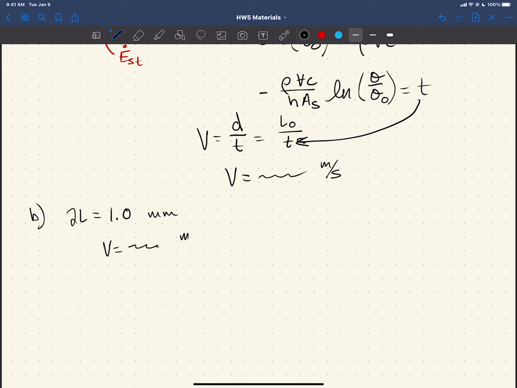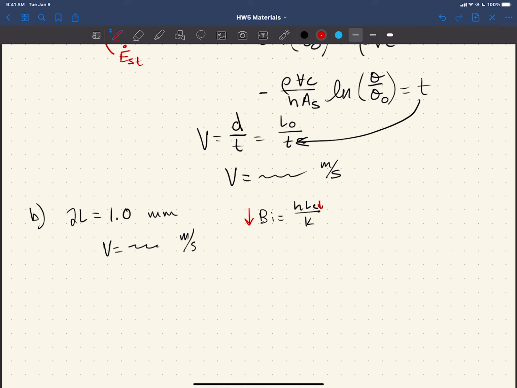But before you skip this step, you should probably calculate your Biot number with this new thickness. Now, if you're clever, you'll notice that we're decreasing the characteristic length, right? So if the L_C goes down, well, it's on top, right?